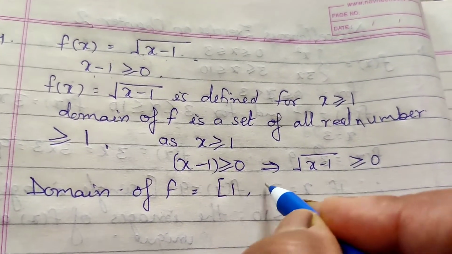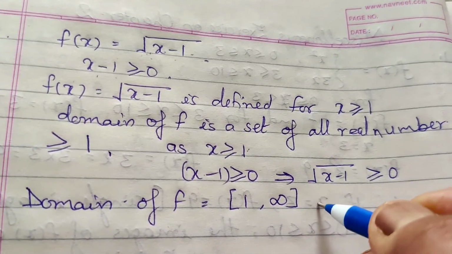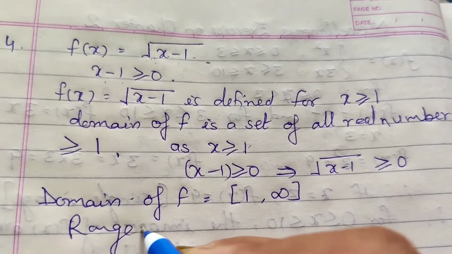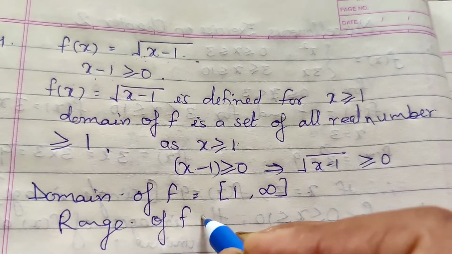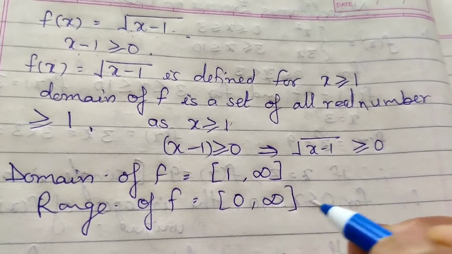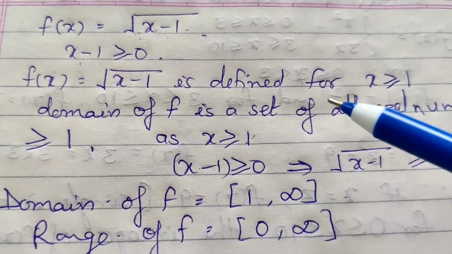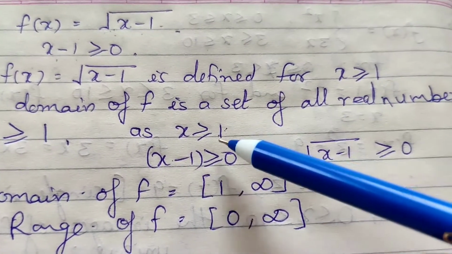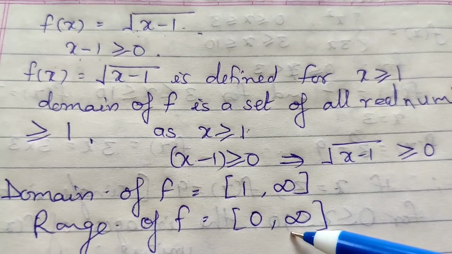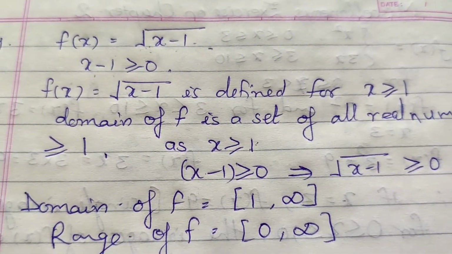And the range of the function is 0 to infinity. Okay. The domain is greater than or equal to 1 and the range is greater than or equal to 0. Therefore the range is 0 to infinity and the domain is 1 to infinity.